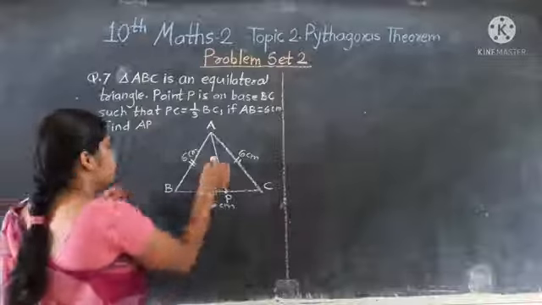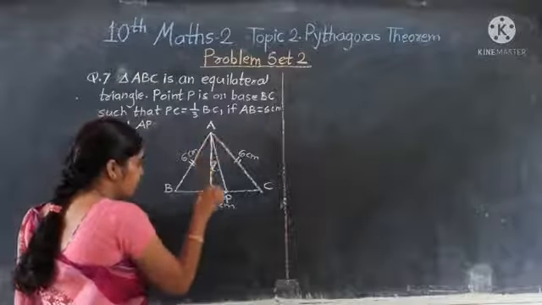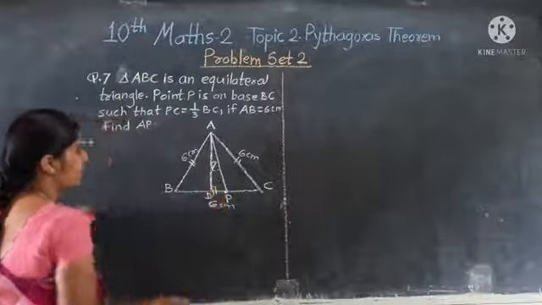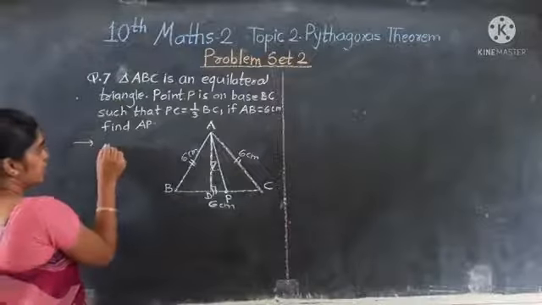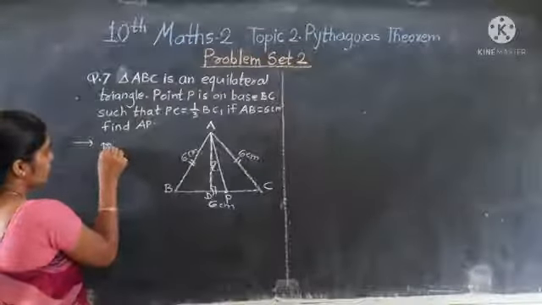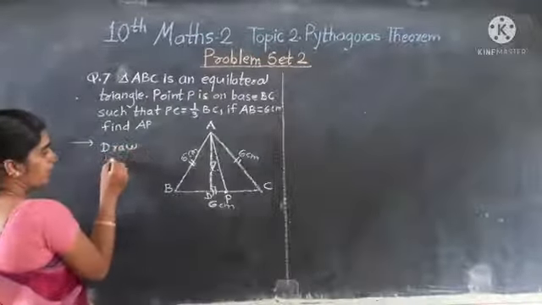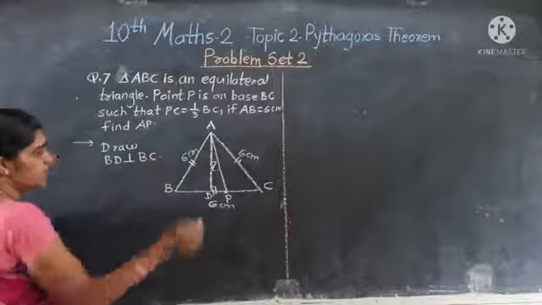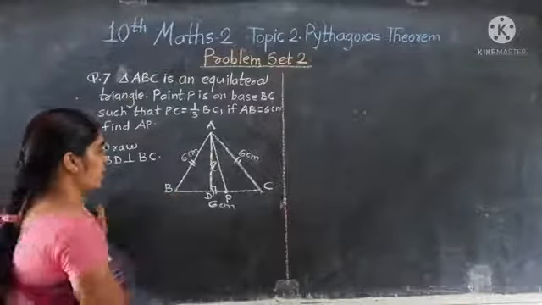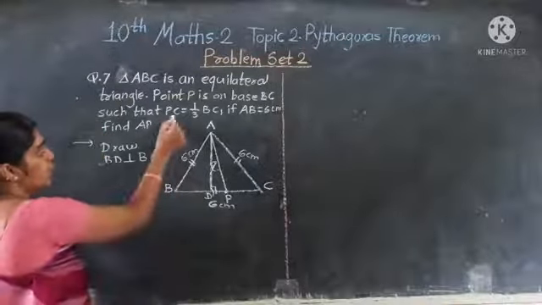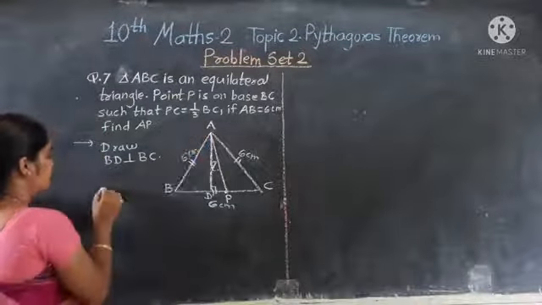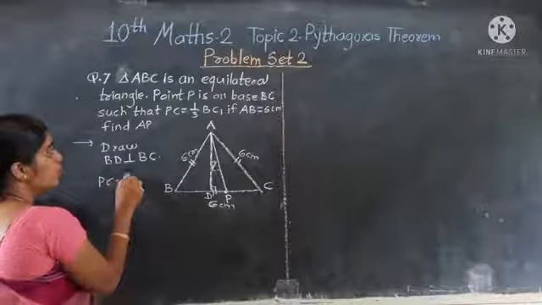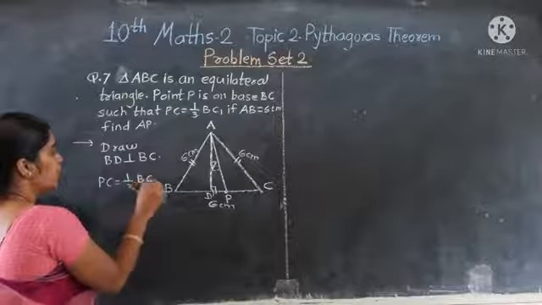Okay. So here we take a construction and draw perpendicular AD. Draw AD perpendicular to the base BC. Now observe here, PC is equal to 1/3 BC.